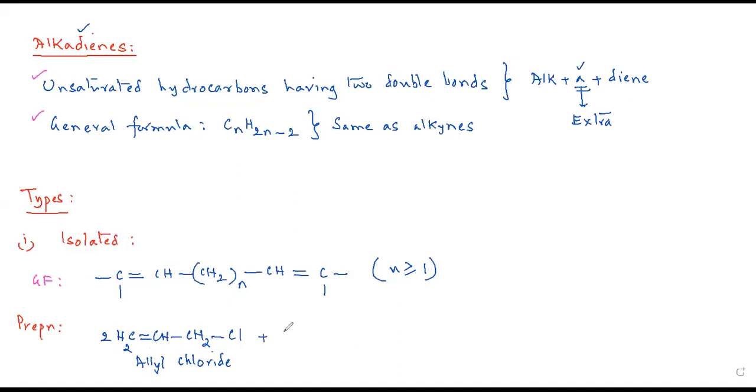Now when this allyl chloride is treated with magnesium in the presence of ether, the thing that gets eliminated here is MgCl2, and two such things add up, get coupled.